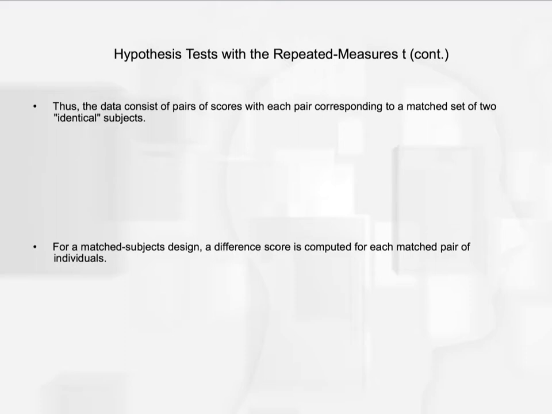And we compute a difference score between the matched subjects. So if in one group we had a 15-year-old male, and in the second group that person was matched also with a 15-year-old male, we would subtract one person's score from the other to see if there is a difference between those matched subjects' scores.